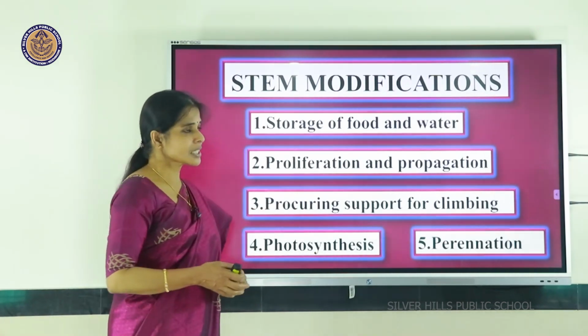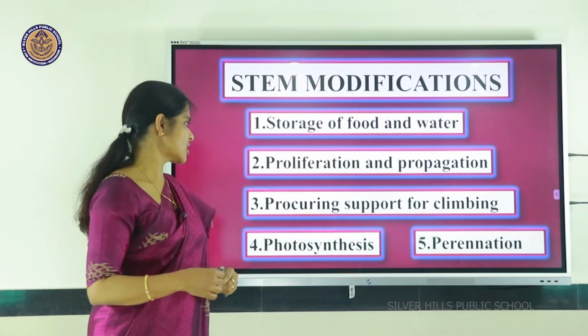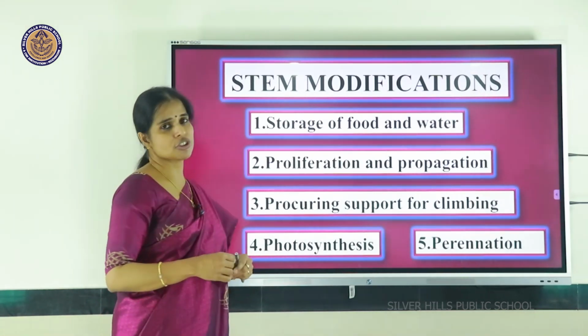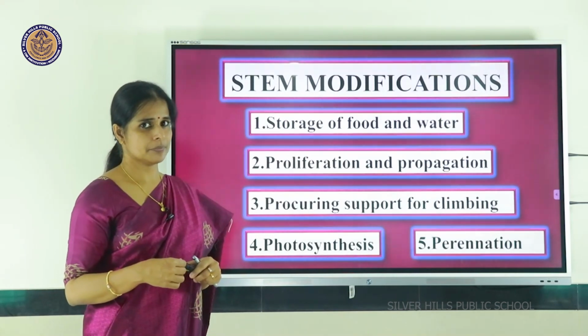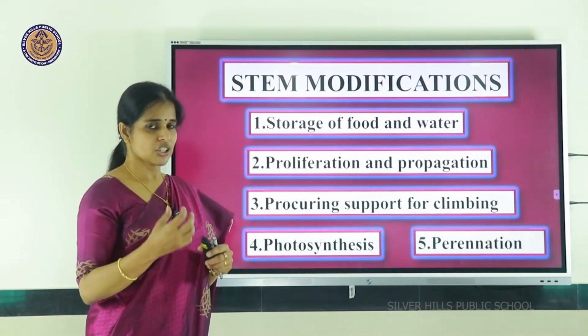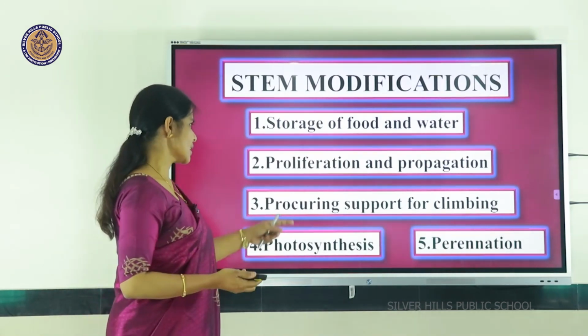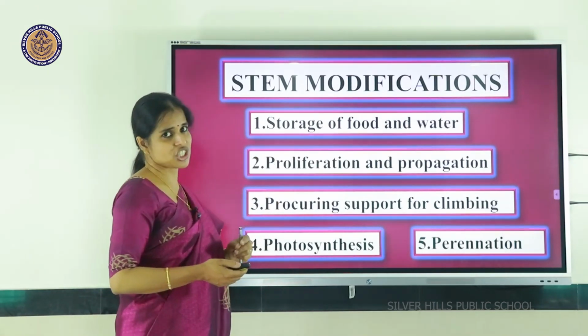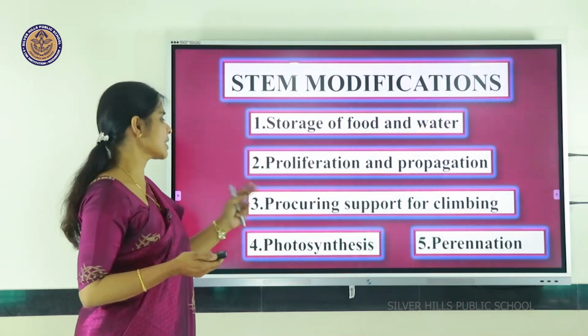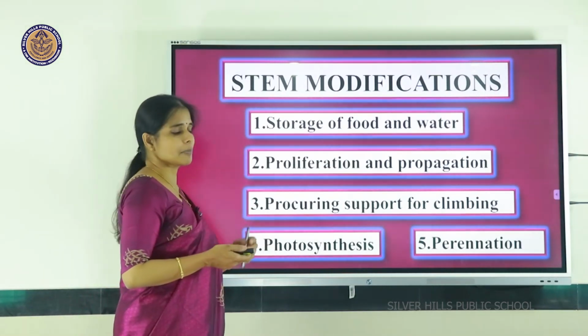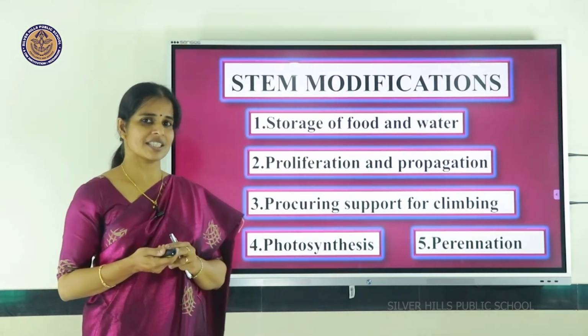Third, it may undergo certain modifications for procuring support for the climbing plants. If for a plant, the stem is very weak, the weak stem generally for a supporting process, it may undergo certain modifications on the stem part itself. We can learn it in detail in the coming slides. The next is about the stem performing photosynthesis.